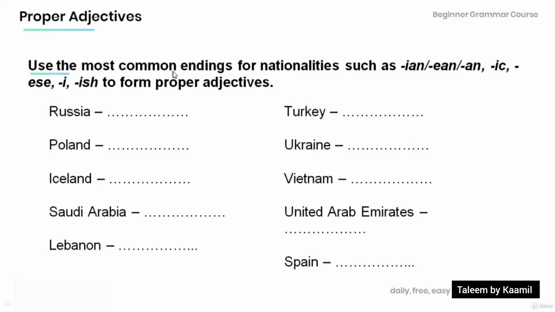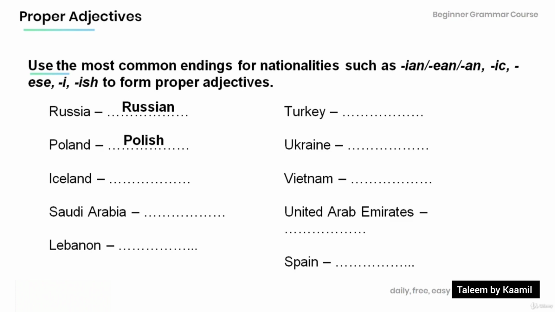Note that we use the most common endings for nationalities, such as IAN, EAN, AN, IC, ESE, ISH to form proper adjectives. Read the following proper nouns and provide the appropriate proper adjective. Russia, Russian. Poland, Polish.